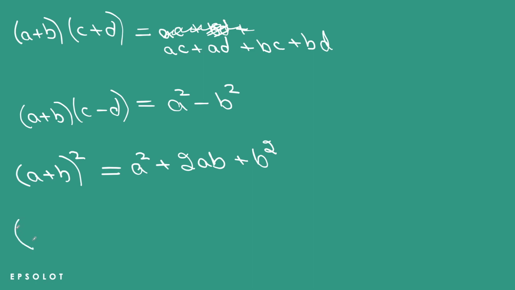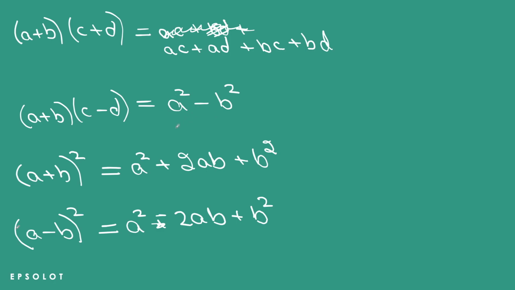And if you have the same expression but with a negative in the middle, raised to the power of 2, then you end up getting a squared, negative 2ab plus b squared.